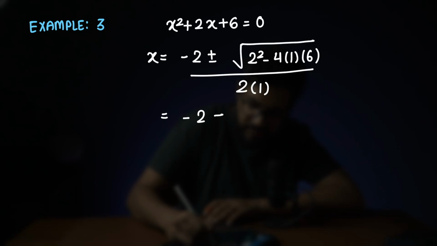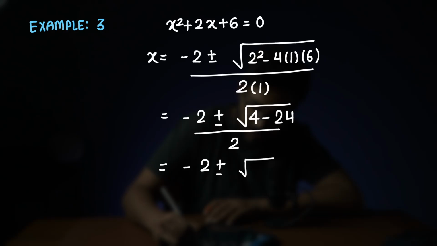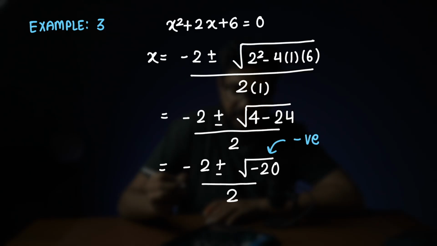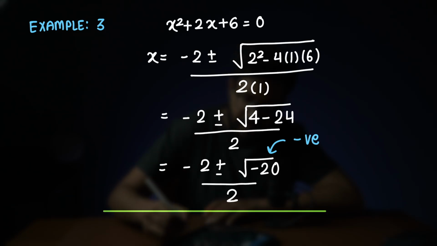So we get minus 2 plus minus root of 4 minus 24, divided by 2. So we have minus 2 plus minus root of minus 20, divided by 2. Now since the number inside the square root is negative and the square root of a negative number doesn't make sense in the real numbers, it's not defined, so we will have no solution.